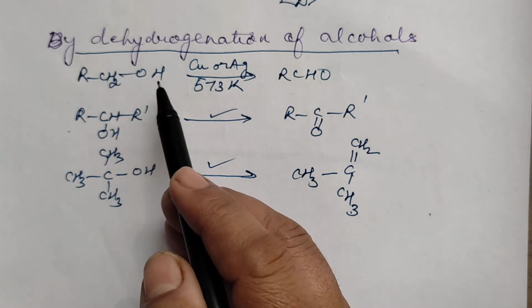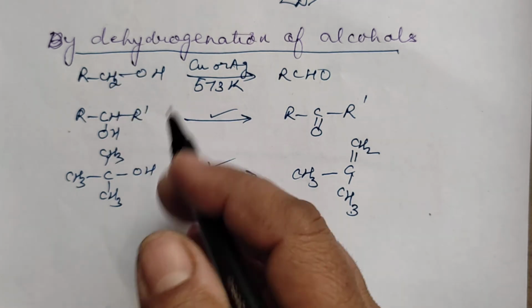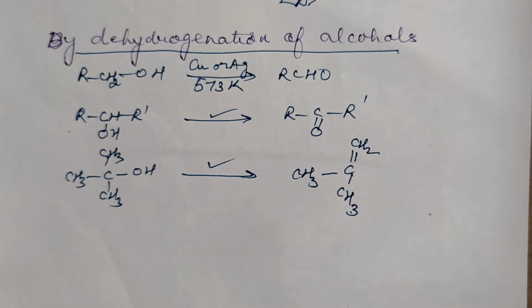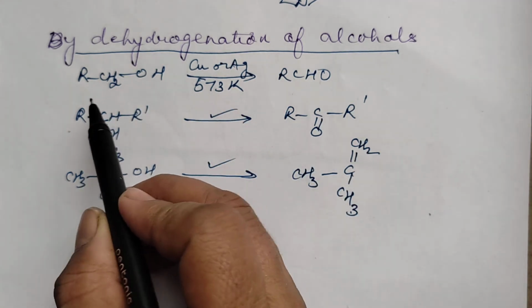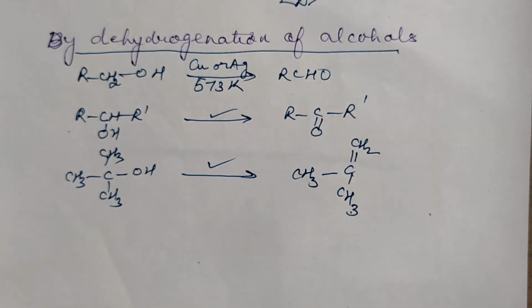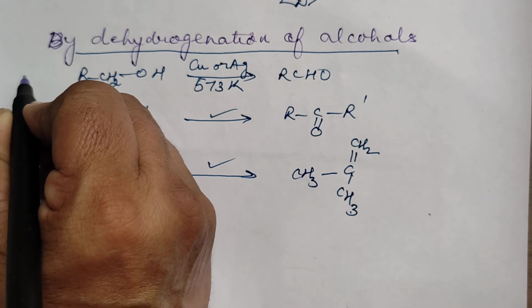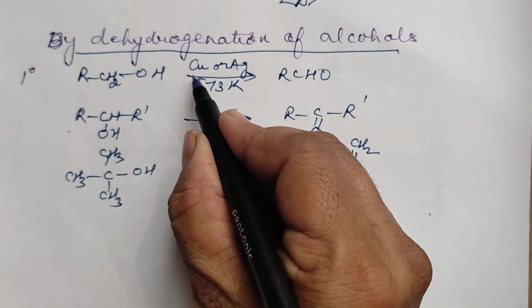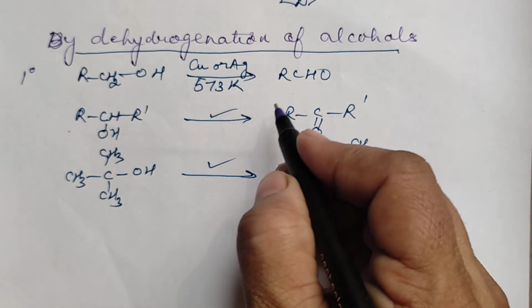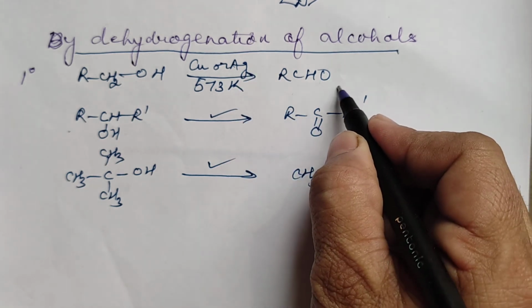Second method to prepare aldehyde and ketone. Initially we are discussing those methods which are common for both aldehyde and ketone. The second method is dehydrogenation of alcohol. I've just written it because it is already discussed in my previous videos, that is in alcohol. If we take 1 degree alcohol using copper or silver at 573 Kelvin, you will get aldehyde.